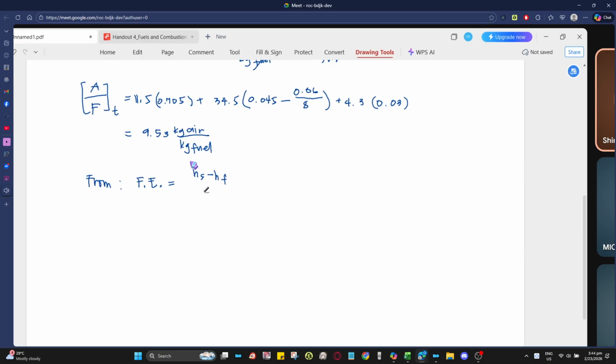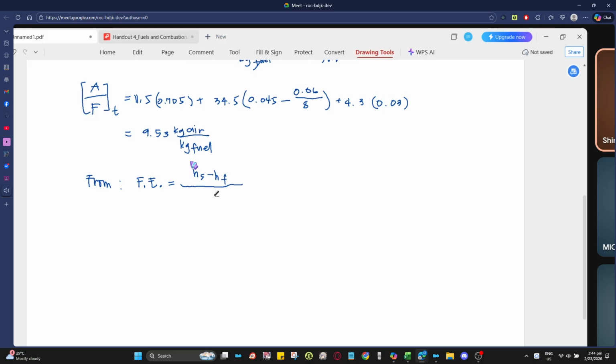So HS minus HF is mauna siya ang latent heat of vaporization, no? Please correct me if mali akong pagkadumdum, no? But HS minus HF is what we call the murag latent heat of vaporization, no?